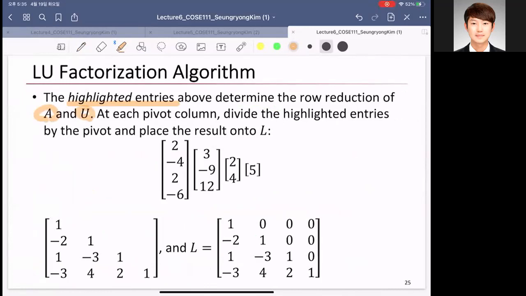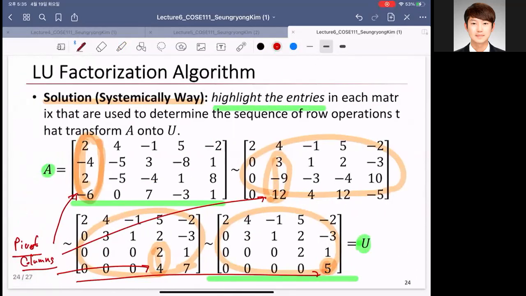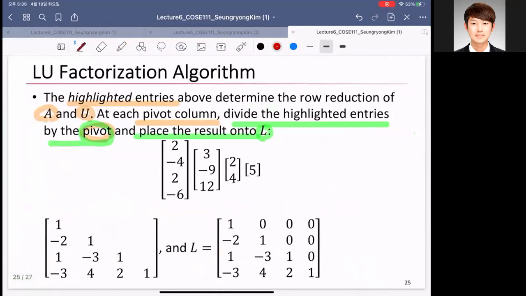At each pivot position, at each pivot column, divide the highlighted entries by the pivot. Place the result onto L. What does it mean? Okay, here are 4 kinds of pivot column. Then divide the highlighted entries by the pivot and place the result onto L. So first of all, this column, and here's a pivot.